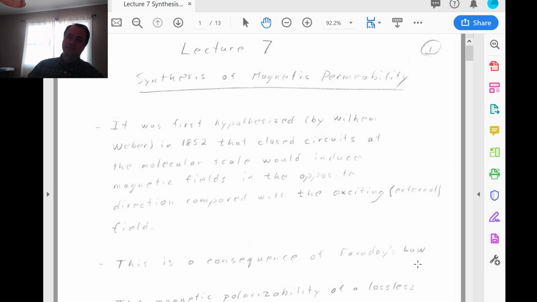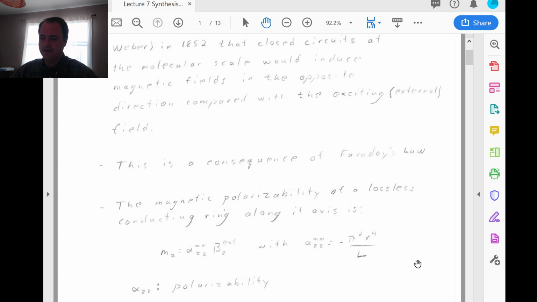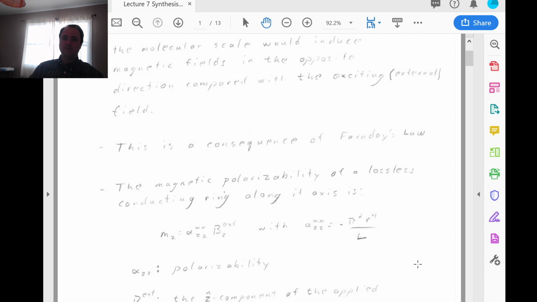This is purely a consequence of Faraday's law, so that when you have a change in the flux, the circuit wants to fight that, and so it will create a magnetic field in the opposite direction.